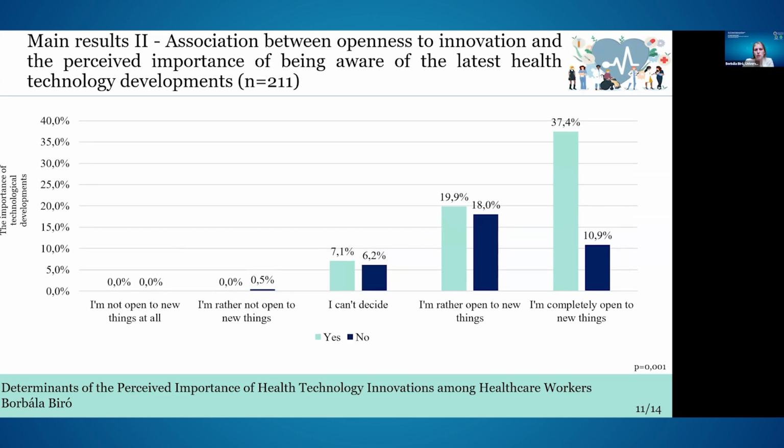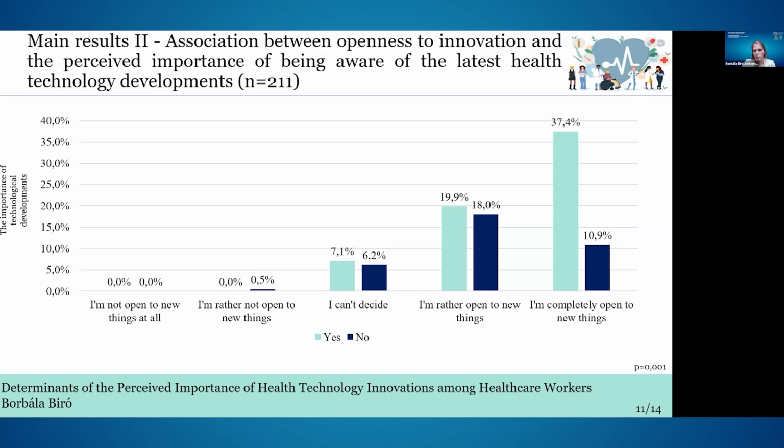Let's talk about the second chart. The next chart shows the association between openness to innovation and the perceived importance of being aware of the latest health technology developments. The chart results show us that openness to innovation also had an effect. Those who were rather or fully open more often rated technological knowledge as important.